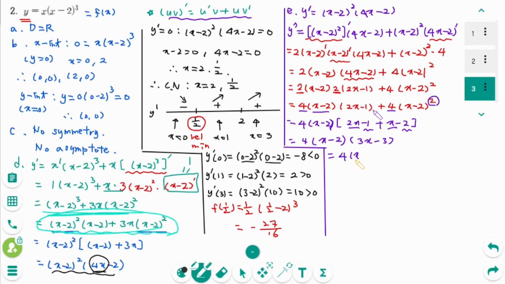Then 4 times (x minus 2) times this one, we can rewrite as 3 times (x minus 1). Then finally, 12 times (x minus 2) times (x minus 1).